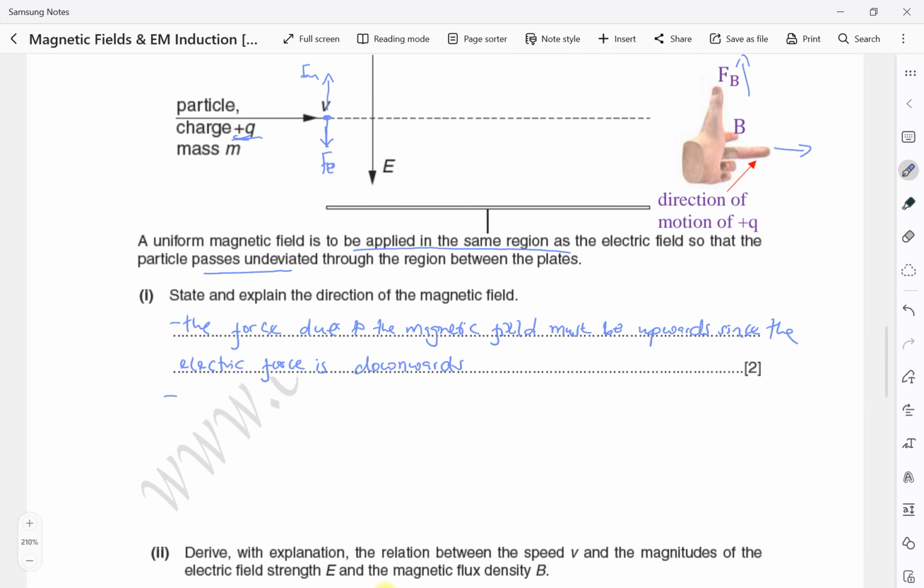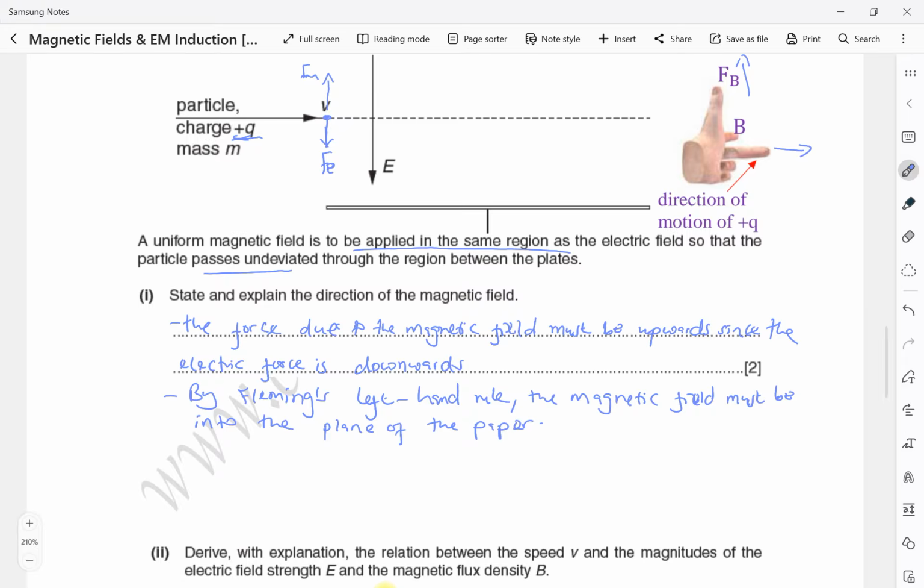And by Fleming's left-hand rule, the magnetic field must be into the plane of the paper.